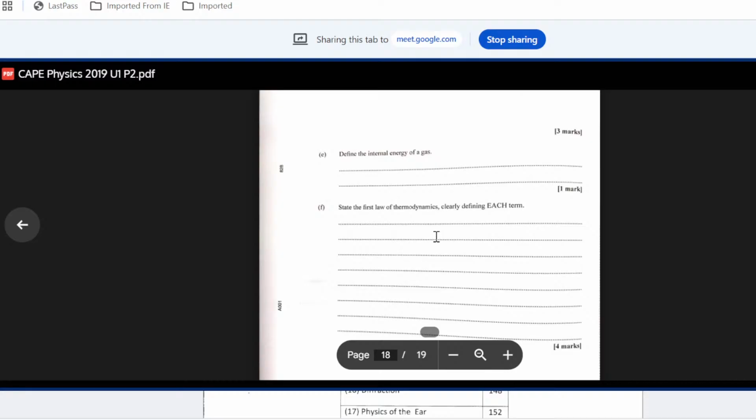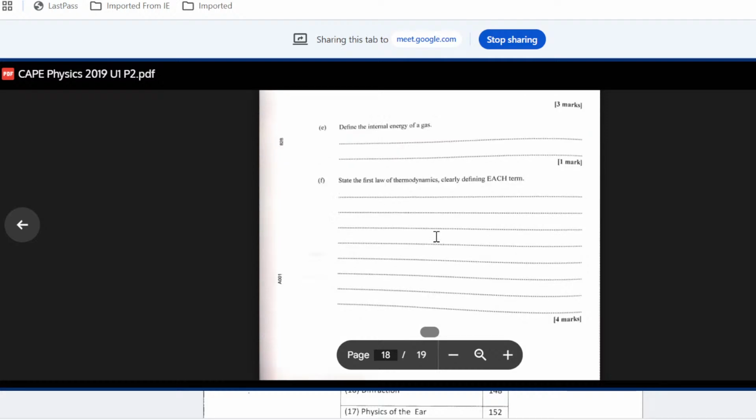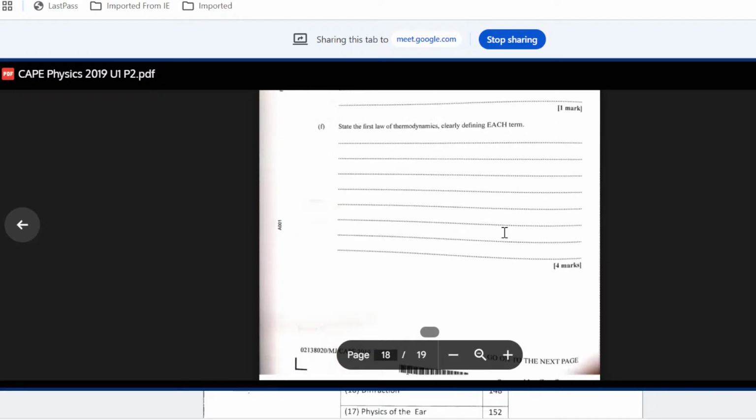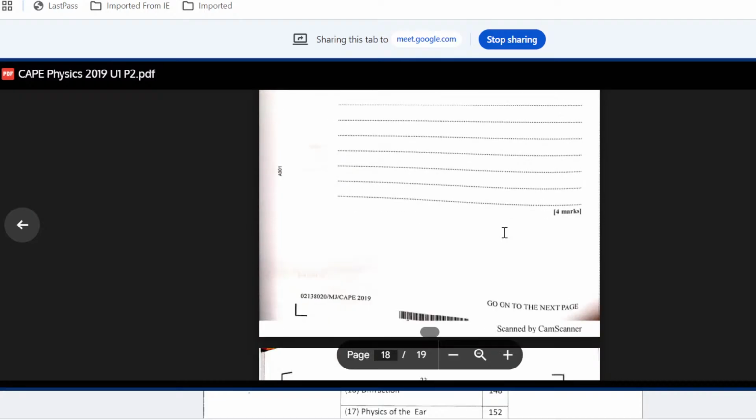Okay. If the gas is ideal, there's no potential as well. So we would state the law of thermodynamics here. We could talk about Q, change in internal energy, Q plus W, and state what each term is.